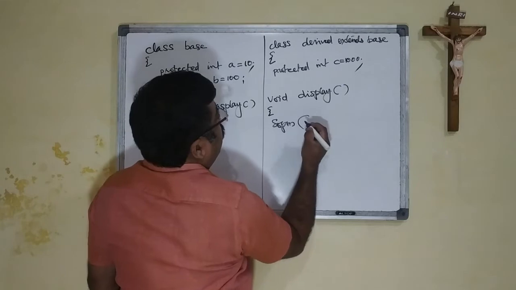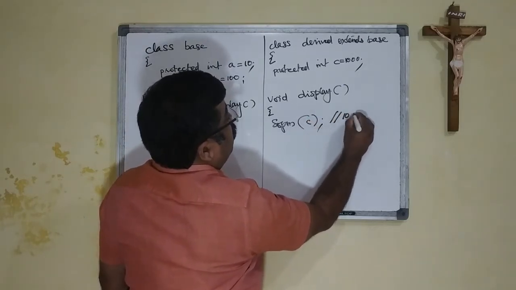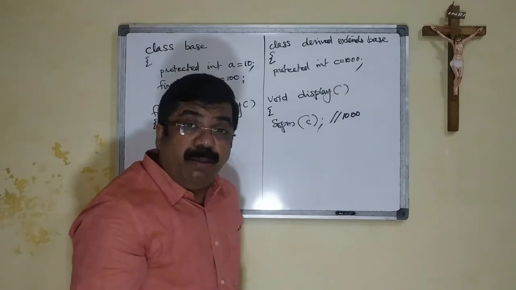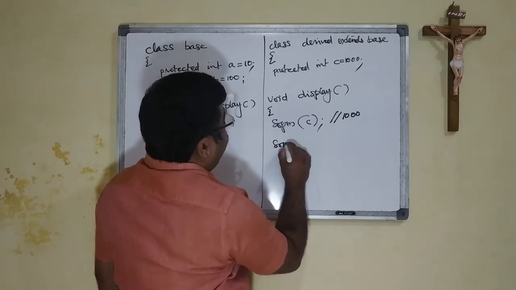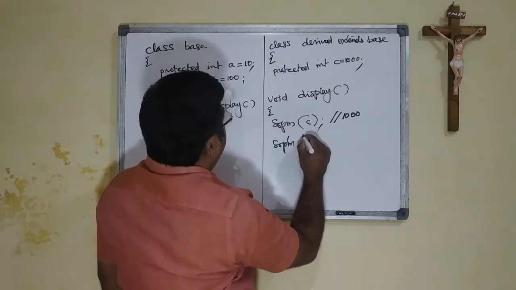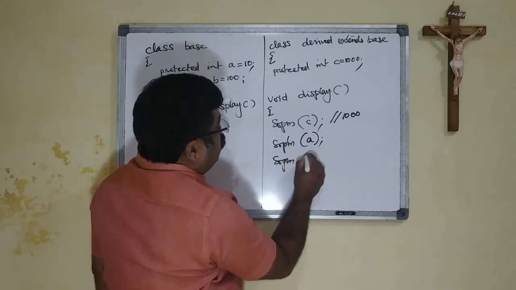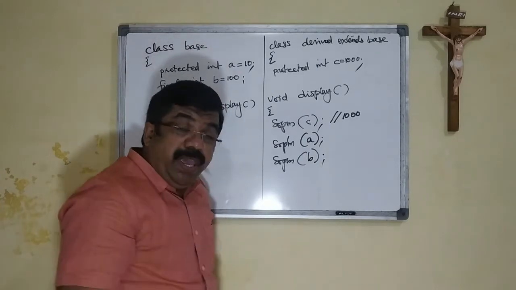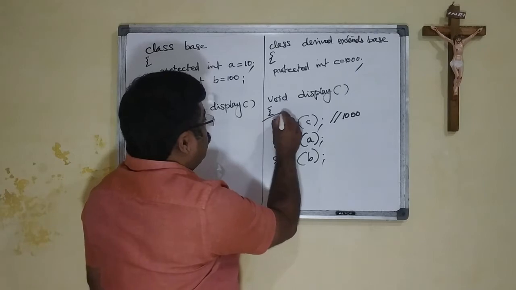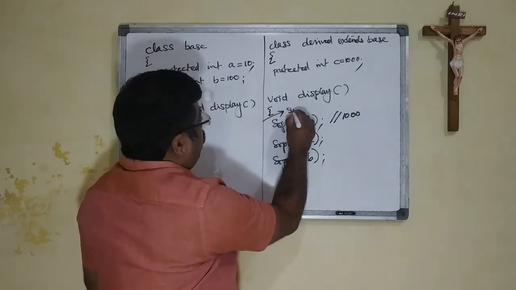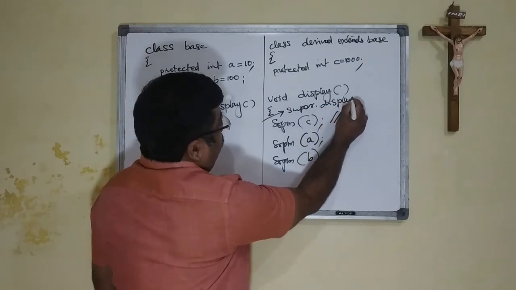SOPLN C, which is printing the 1000, the local variable, and SOPLN, we are printing the A, and SOPLN, we are printing the B. At the same time, we can call the function, what is that? Super dot display.